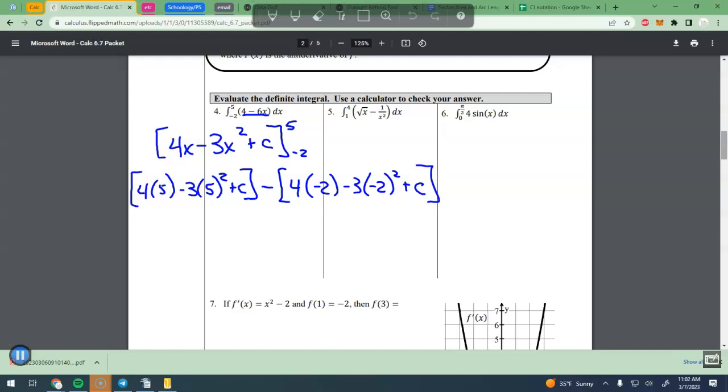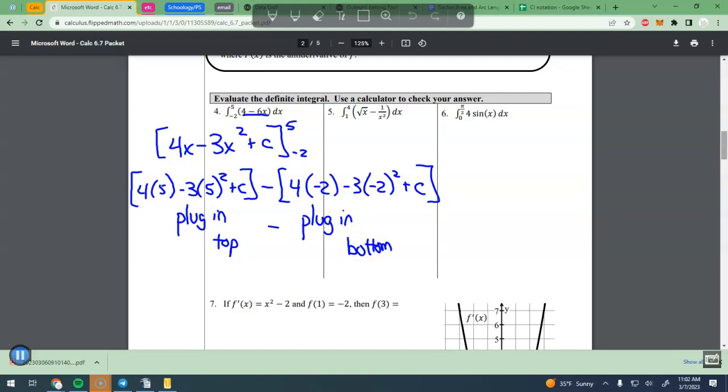So it's always that order. Plug in the top, minus, plug in the bottom. I'm going to write that out. Plug in top, minus, plug in bottom.